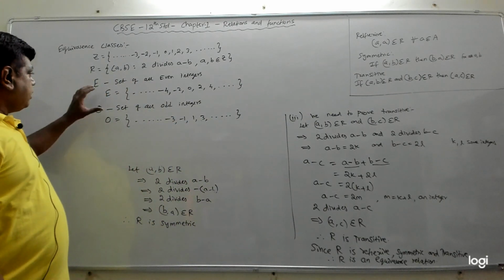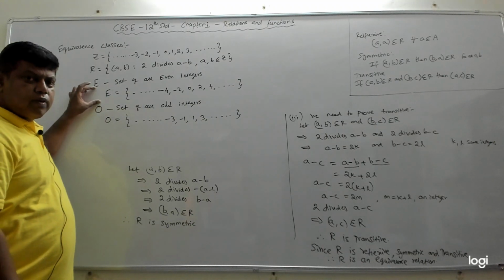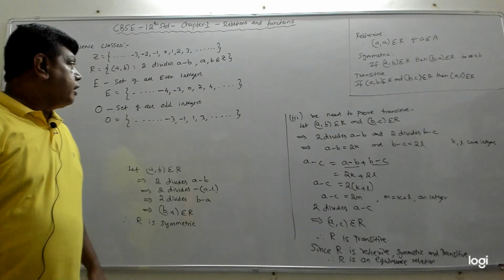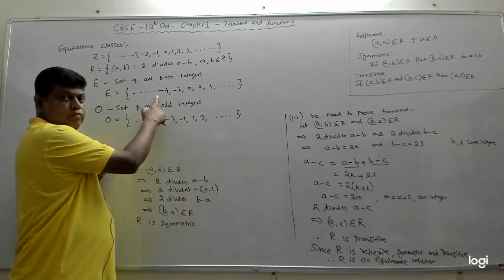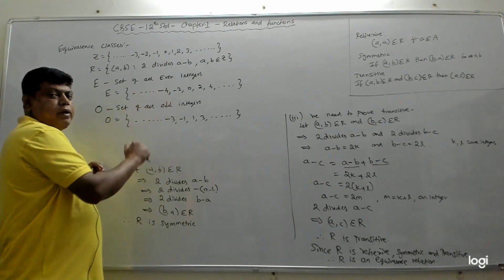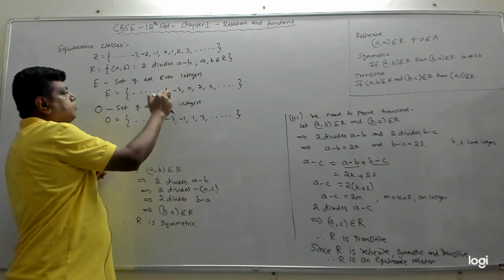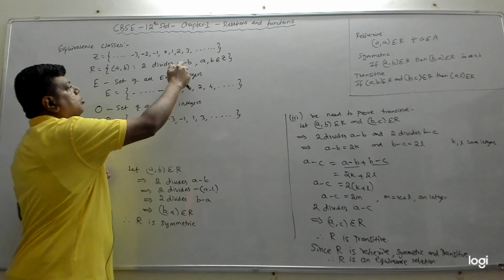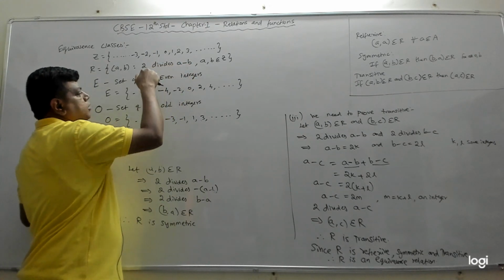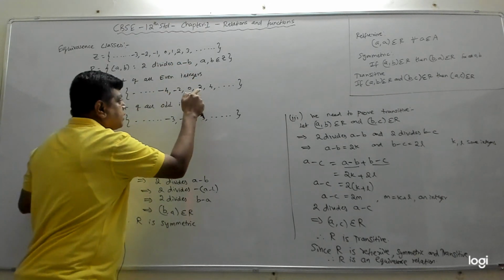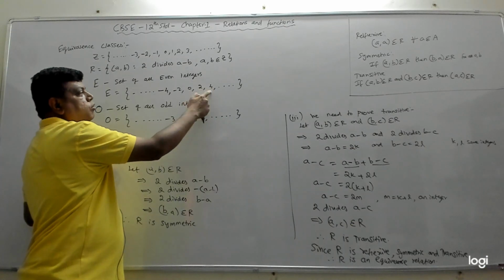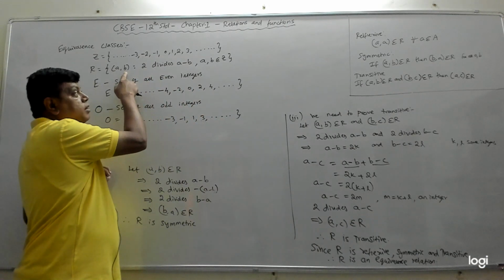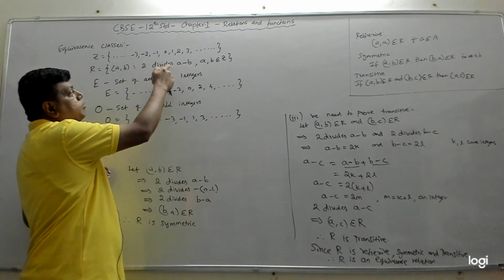So what we have done is defined two sets, the set of all even numbers and the set of all odd numbers, and what we observe here is every element in E is related to every other element as per this relation. If you take any two numbers, 0 and 2, (0, 2) will be here because 0 minus 2 is minus 2 and 2 divides minus 2. If you take 2 and 4, the ordered pair (2, 4) will be in this set because 2 minus 4 is minus 2 and 2 divides minus 2.